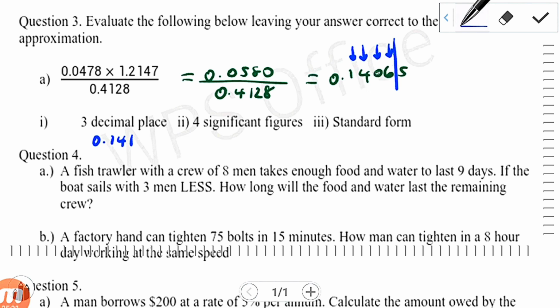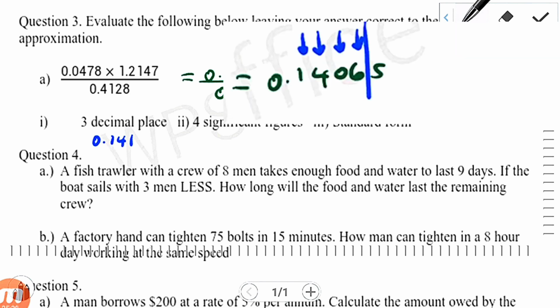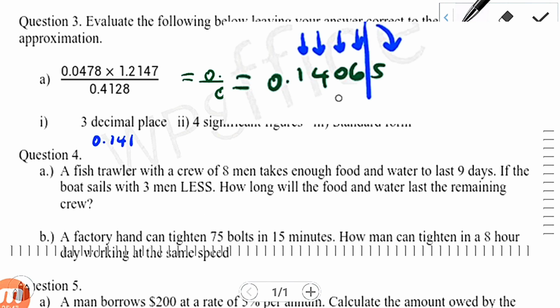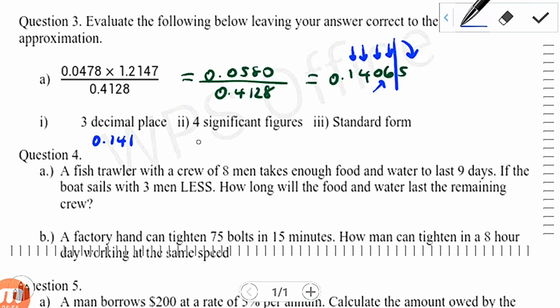It just so happens that this 0 was caught between 4 and 6, so it holds a very important position in the number. I'll then check to see if the digit after is greater than or equal to 5. If it is, I'll add 1 to my nth digit, which in this case is 6. So to 4 significant figures, I would have ended up with 0.1407.